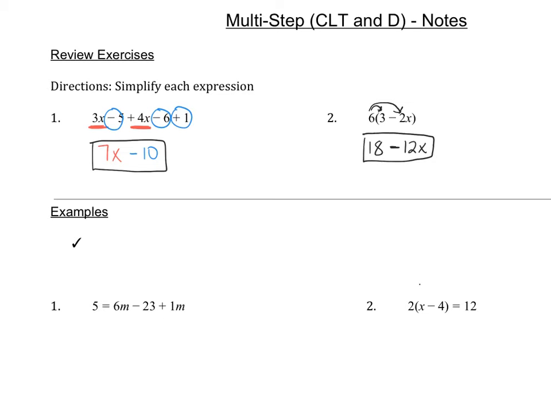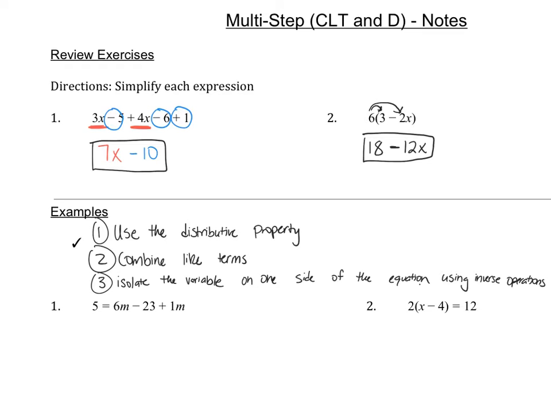This is my final answer. And remember, you can't go any further because those are not like terms. You have 18 minus 12x. One's a number, one's a variable, so that's all you have to do for that one. Hopefully that was a good review of combining like terms and the distributive property. We will be using both of those today.